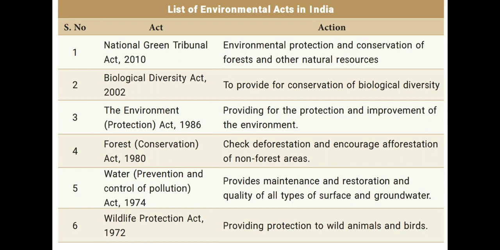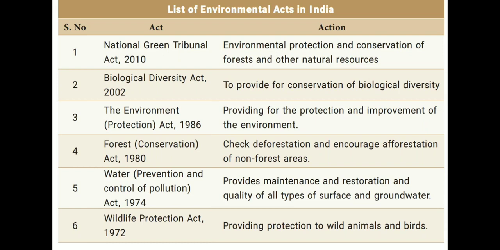According to the 1980 Act, people should not cut down the trees, and they also want to encourage people to plant more trees where there are no plants. When was the Forest Act started? 1980. It is also called the Conservation Act.